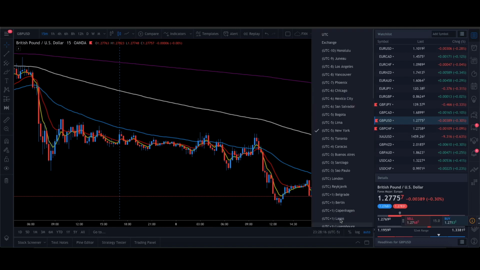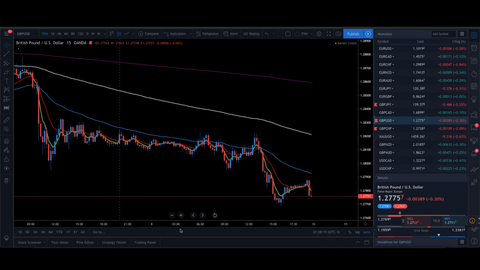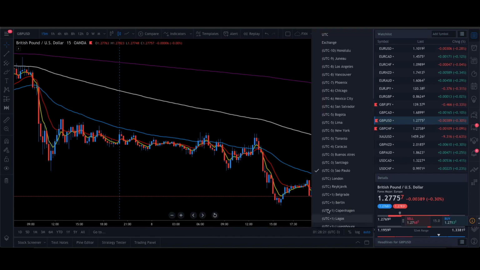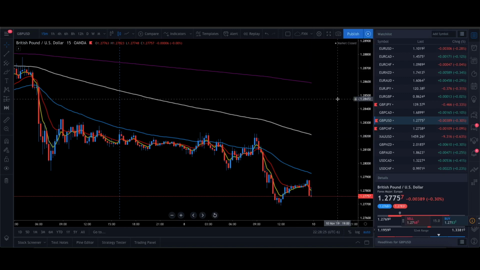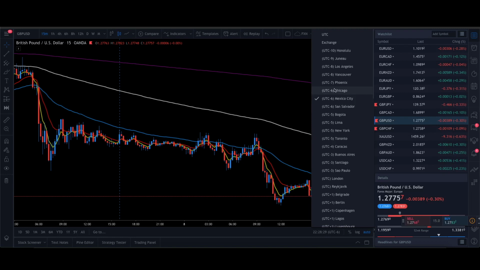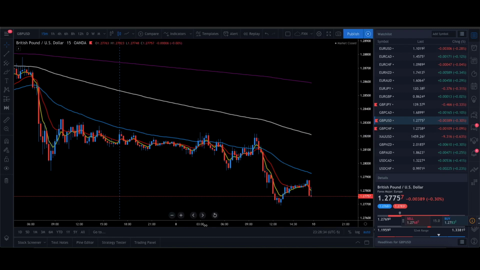As you can see, as I'm changing these two different cities, the times are changing to represent where you specifically are. It's just changing the times at the bottom. That's it. Now when you go to add the indicators, you don't need to do anything about adjusting times.